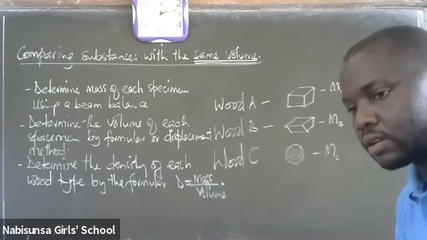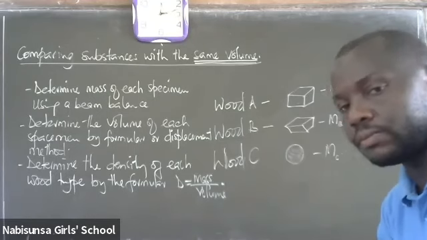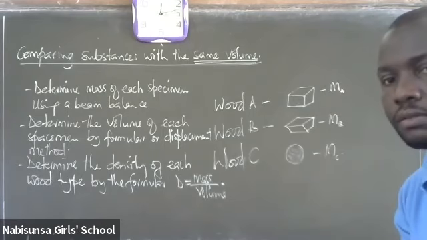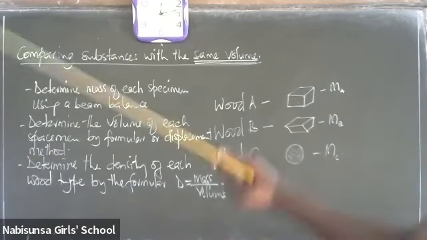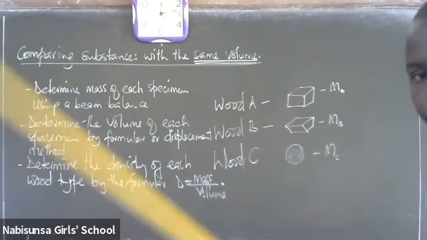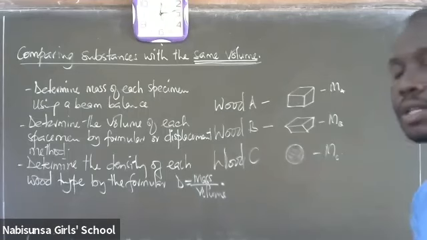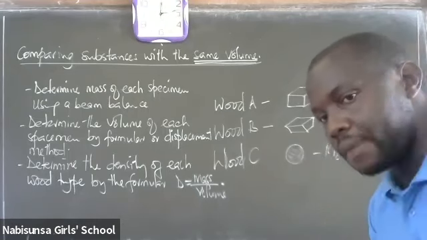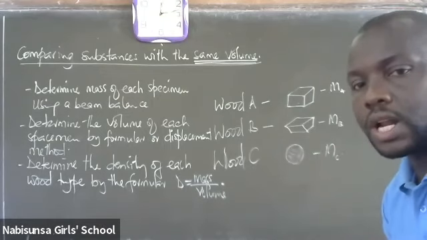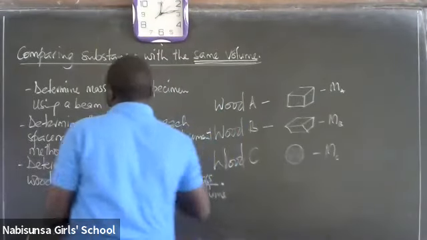Water is denser when it is exactly the same volume as the paraffin. That's what we are dealing with, comparing the substances with the same volume. Now this one, though it is not part of our syllabus for now, it comes later, brings us to what we call relative density. And that's what we want to look at.